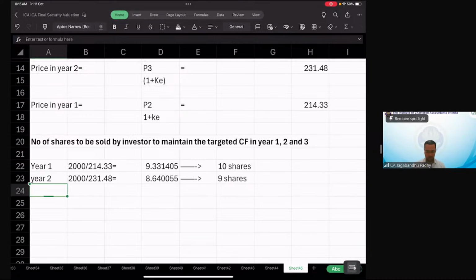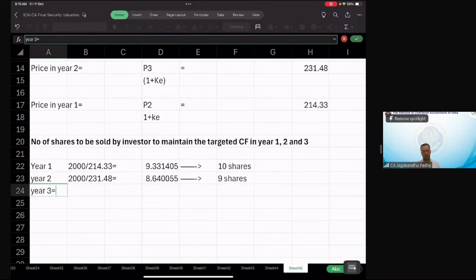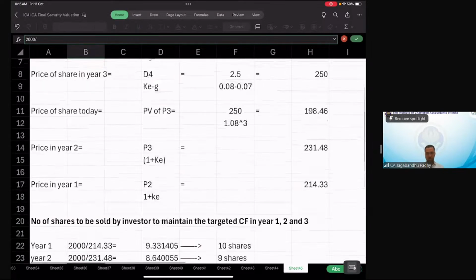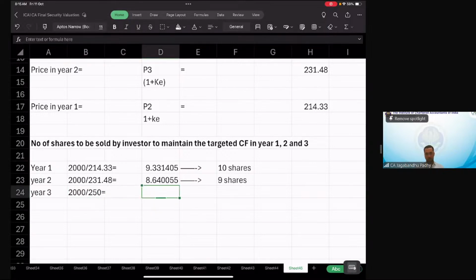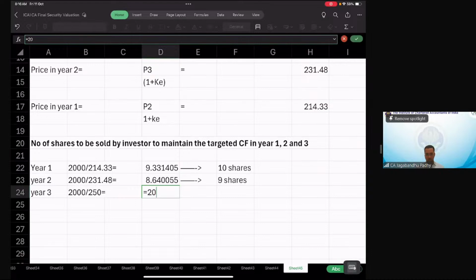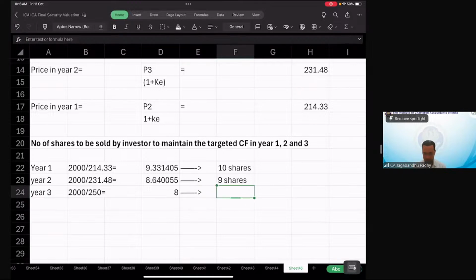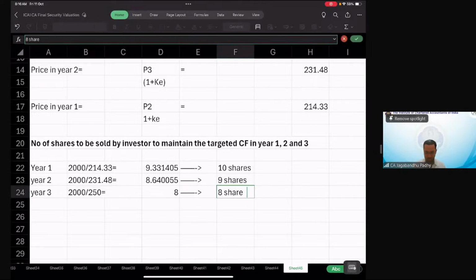Okay, and then in year 3, what will be the number of shares which we'll have to sell? It will be 2000 divided by the third year share price of 250. So that will be exactly 8 shares.